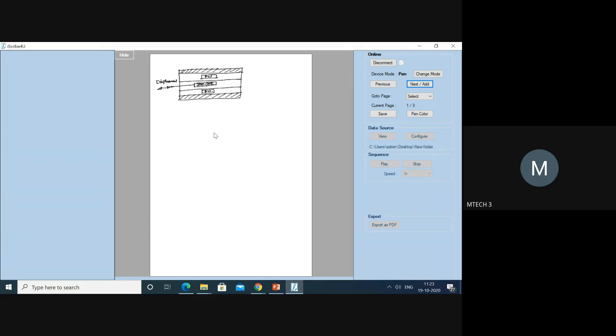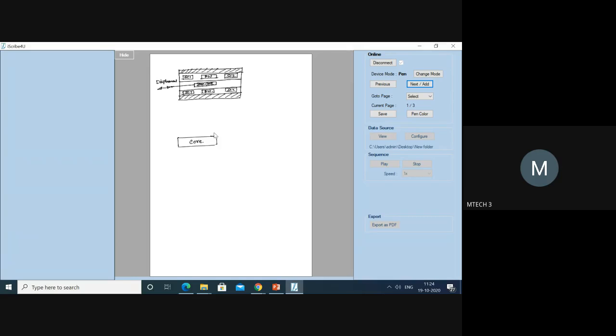Then we have what is called secondary coil 1. This is again secondary coil 1, SC1. This is SC2. Now, if I draw another simple diagram, this is nothing but your core.